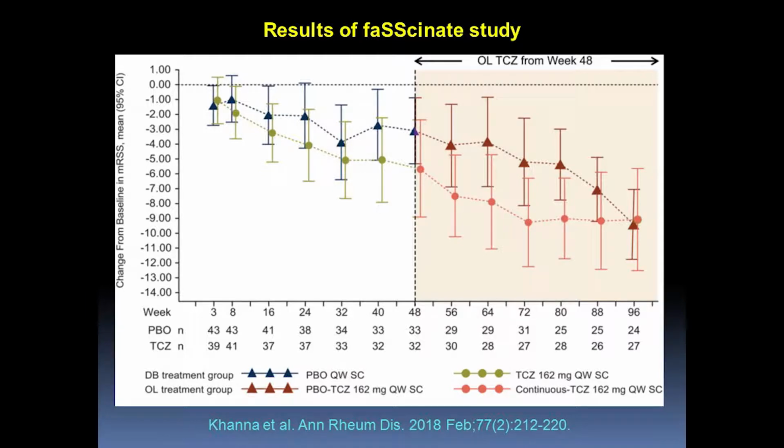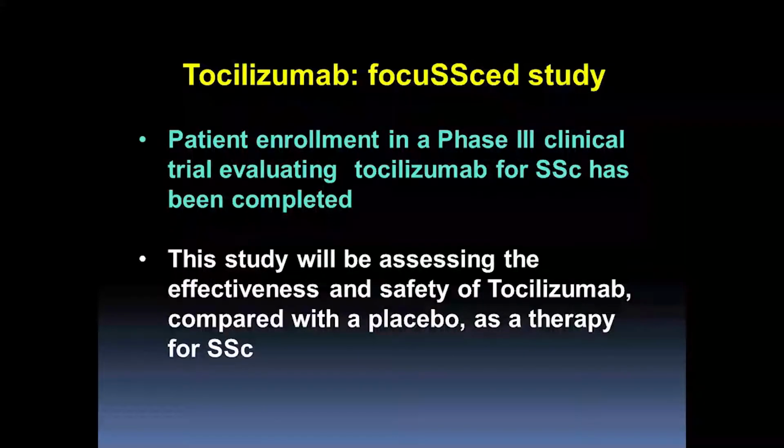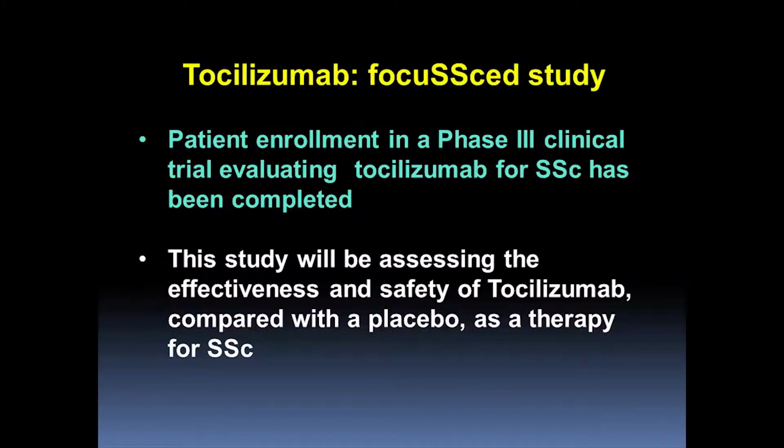They were kind of comparable here, but there was a significant difference between the two arms, and this actually was the reason we are looking at a larger scale phase 3 study, and now it's called the focuSSced study instead of faSScinate. This is a phase 3 clinical trial evaluating tocilizumab for scleroderma, and we are anxiously waiting to see the effects of this intervention.